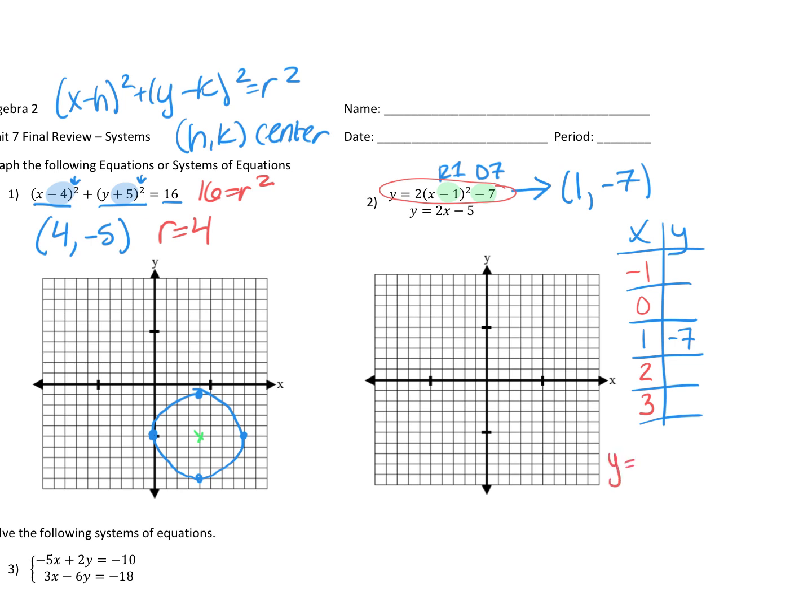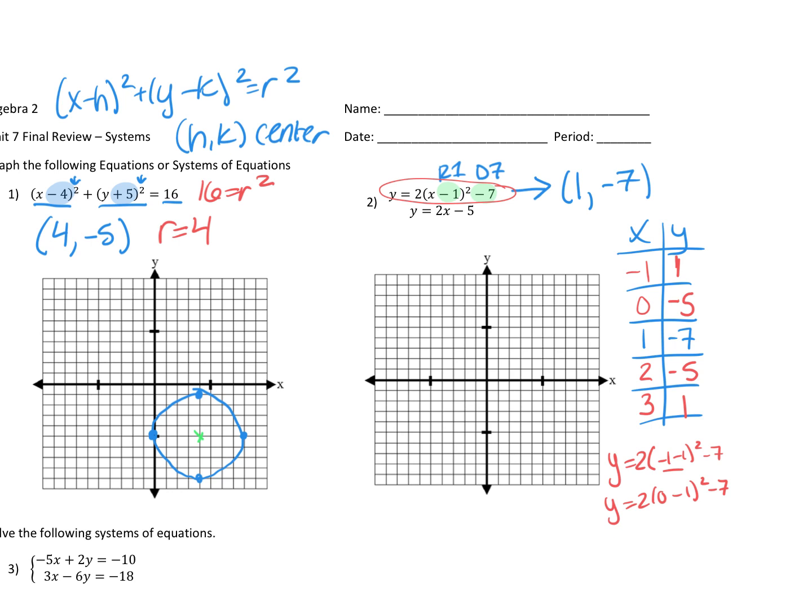So I would plug in 2, -1 minus 1 squared minus 7, and I would do this for all those values. I'm going to end up getting 1, -5, -5, 1, I believe. So this would be -2 squared, which is 4, times 2 is 8, minus 1 is 1.